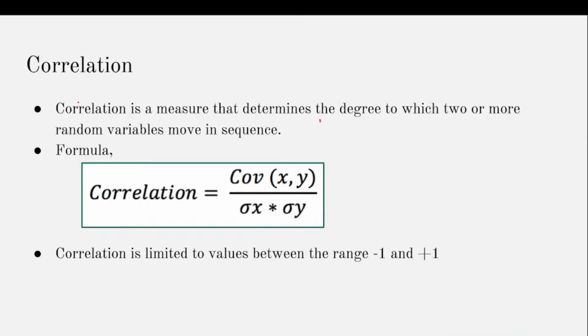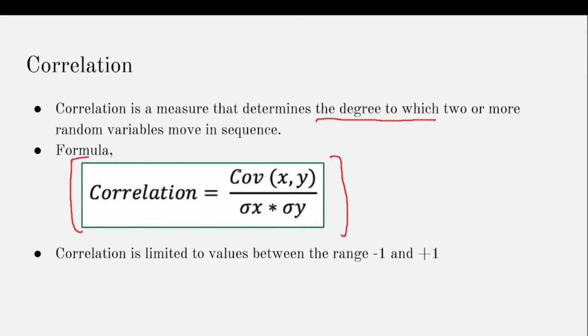Now let us see correlation. Correlation is a measure that determines the degree to which two or more random variables move in a sequence. Hence, correlation not only shows the type of the relation, but also shows how strong the relationship is. Correlation can be calculated using the following formula.